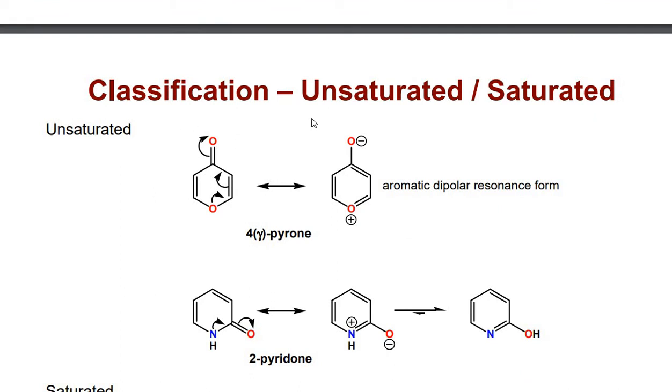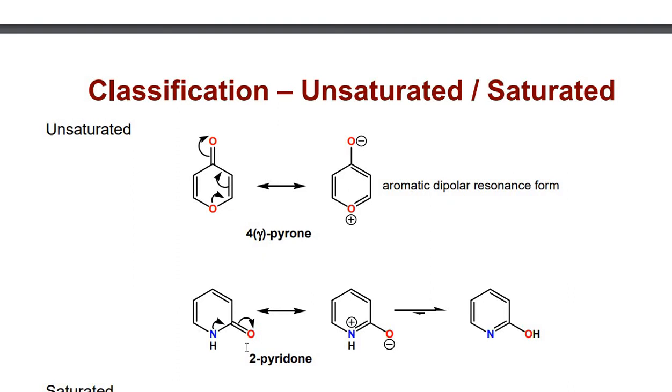Now you can see the classifications: unsaturated and saturated. Unsaturated, 4-gamma pyrone, this is oxygen, and aromatic dipolar resonance form. Here O plus, O minus. So my friend, you can see here 4-gamma pyrone, aromatic dipolar resonance form.